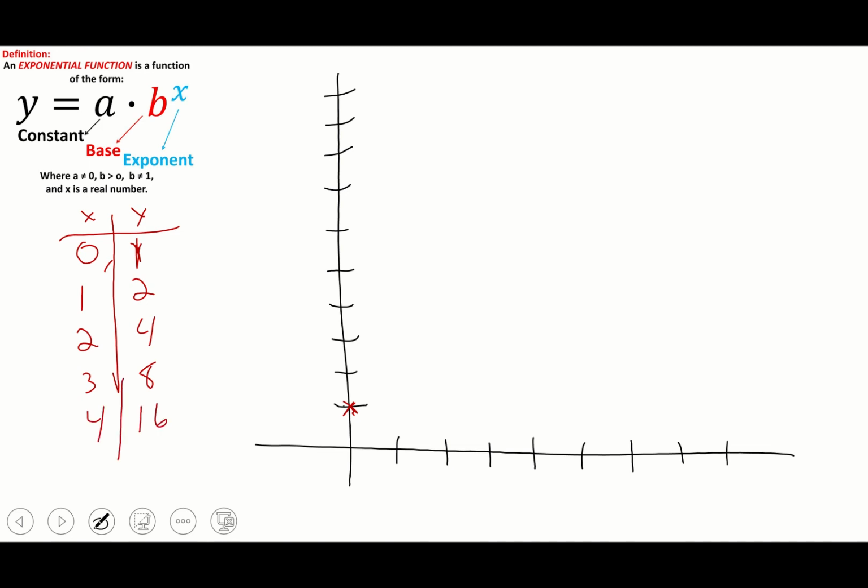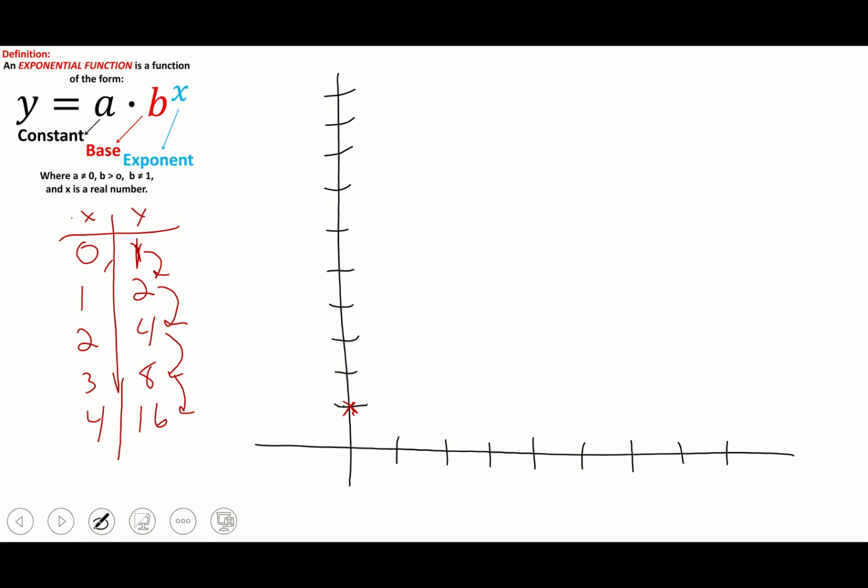So in this case, your input is x, which is the initial iteration, 0. Nothing's happened yet, which is where you're starting from, is 1. First time you do something, you double it, 1 becomes 2. Second time, 2 becomes 4. Third time, 4 becomes 8. 8 becomes 16 on the fourth iteration.